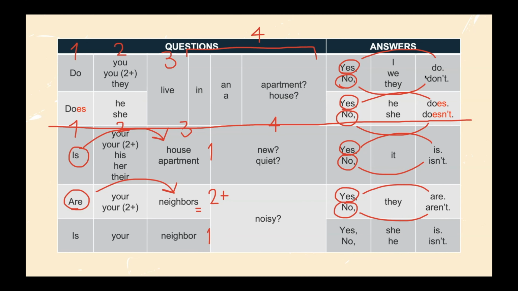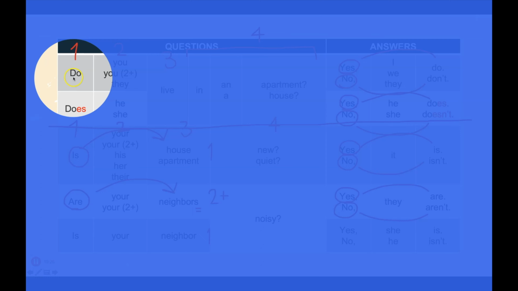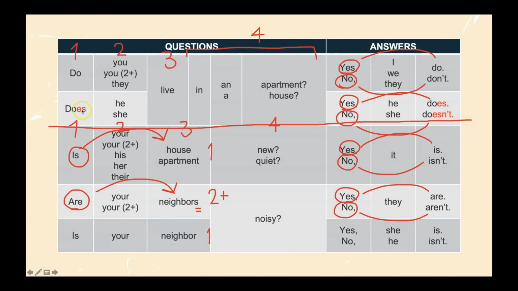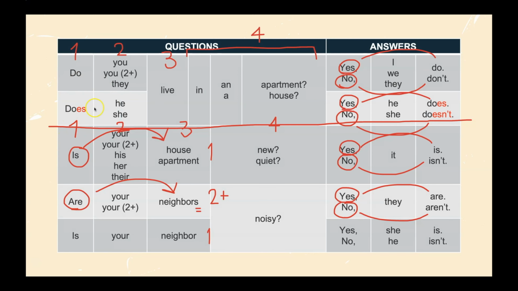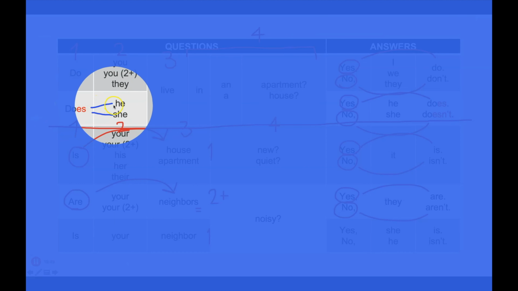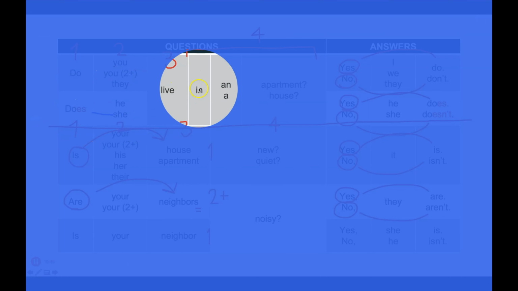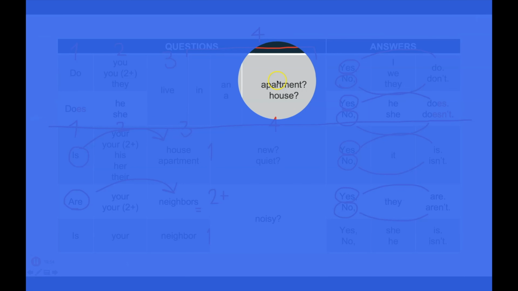Okay, next, here we use do. Here we use does. Repeat, does. Does. Does. And we use does with he or she. So does he live in an apartment?